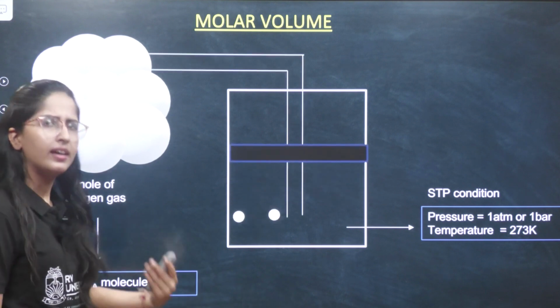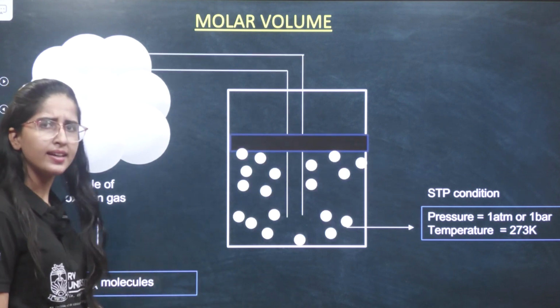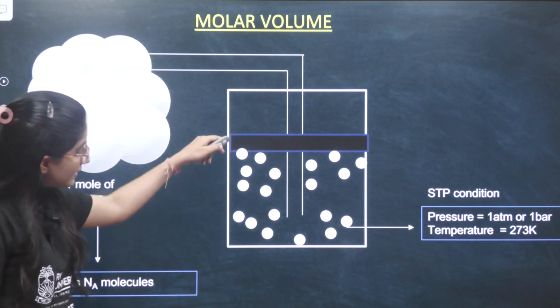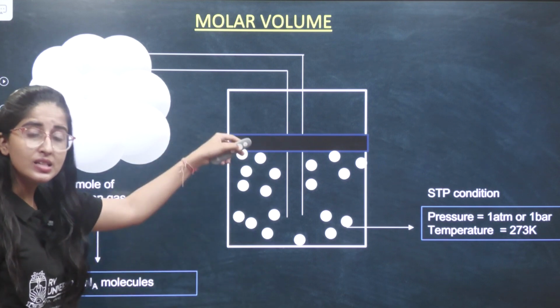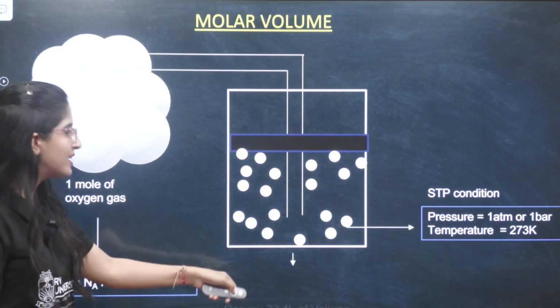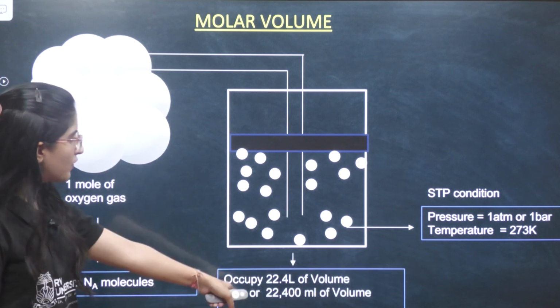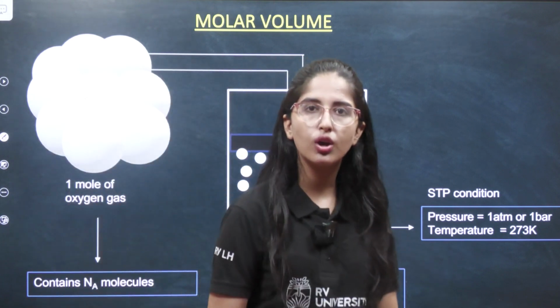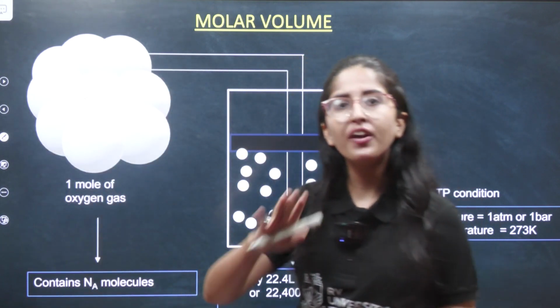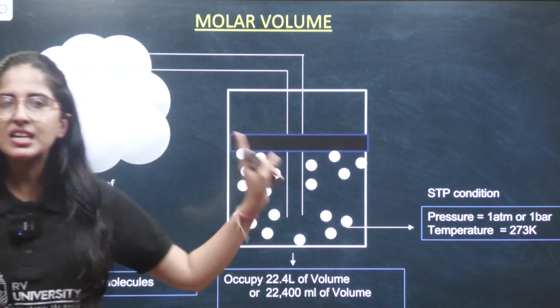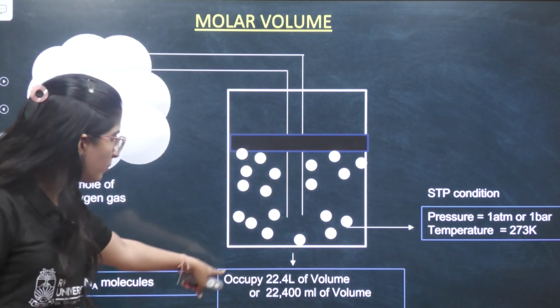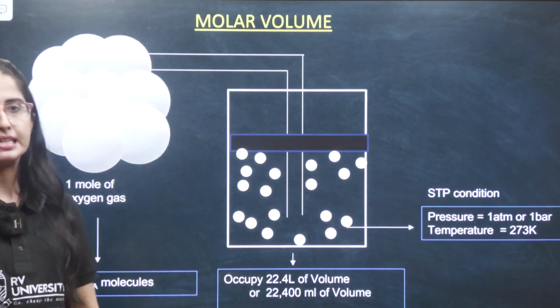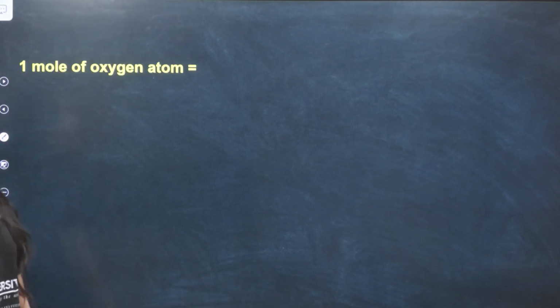As I add, the piston will move as the volume is increasing. The volume occupied by this 1 mole of gas is called your molar volume, and it will be equal to 22.4 liter. Understood? 1 mole of any gas at STP will occupy 22.4 liters.